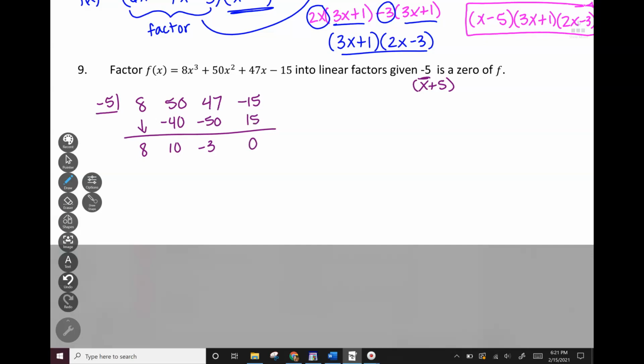Perfect, remainder 0. So your remaining polynomial is 8x squared, going down by 1 degree, plus 10x minus 3.